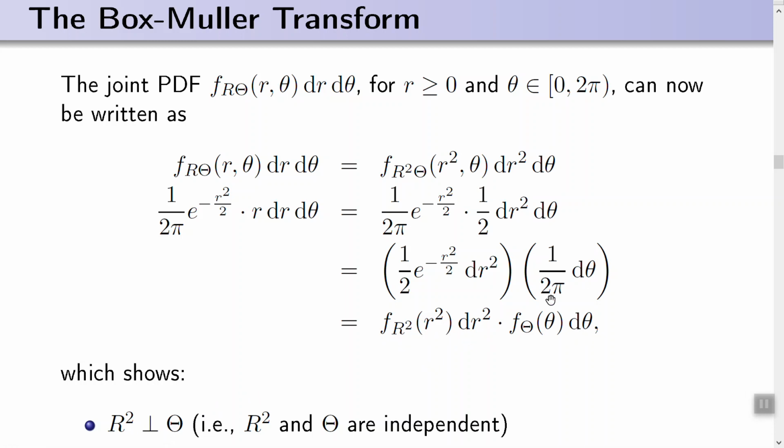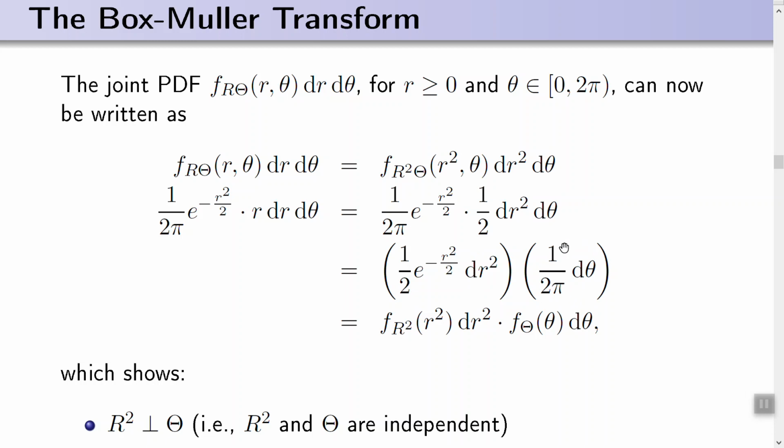So 1 over 2 pi, this would be the PDF of what? We've factored the joint PDF of r and theta into two parts here.